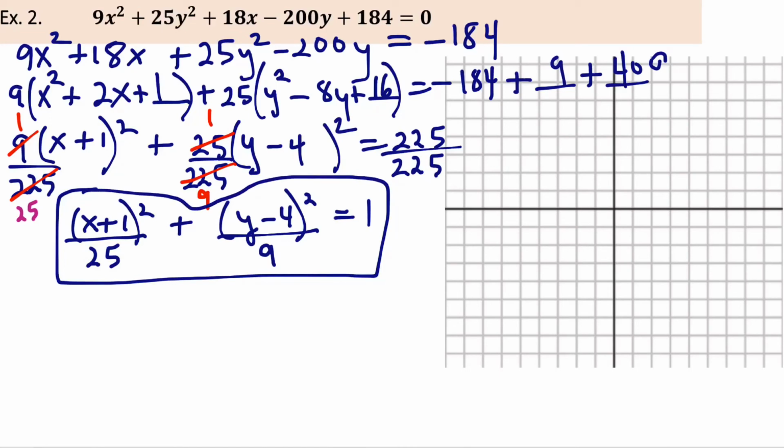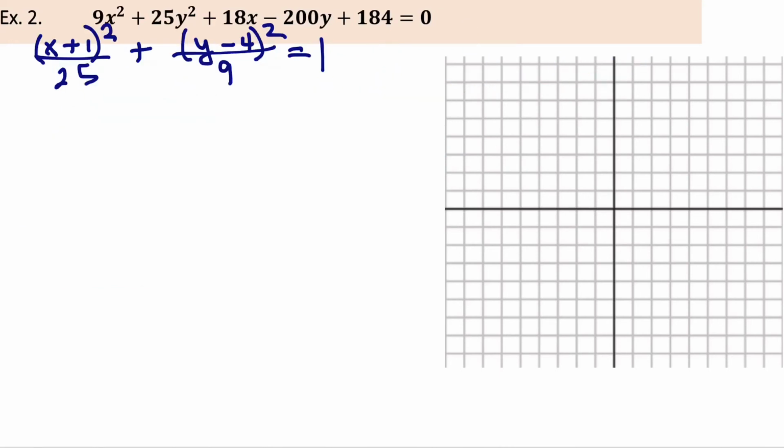So I'm going to go ahead and erase some of this stuff and make some room to record all of the information that we're asked to find. So here's my equation. I can see from the bottom numbers that I've got an A of 5, which is the square root of 25, and I have a B of 3.